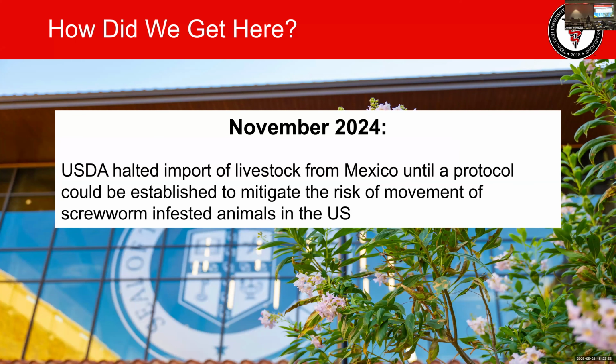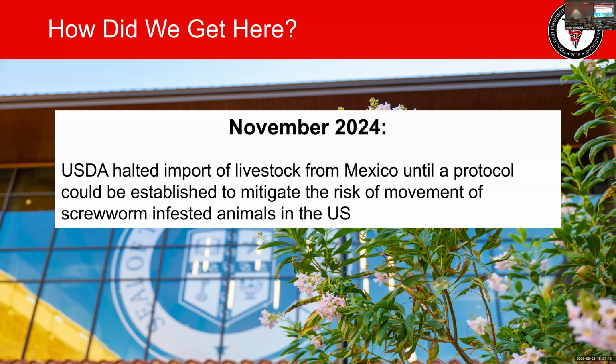So in November is when this all really blew up, right? They halted production or export of livestock from Mexico into the US based on the first cases reported down in southern Mexico, which would have been in Campeche, I think.